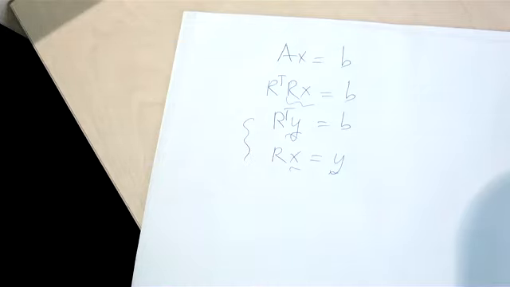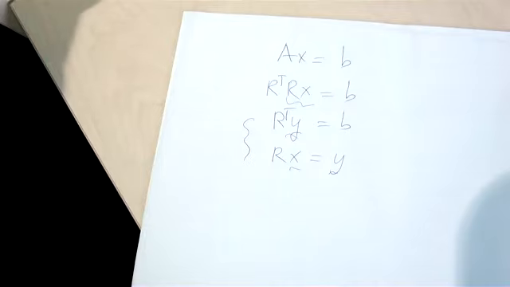Now, stability. In terms of the relative errors, if you use the Cholesky factorization, then the errors can be bounded by this inequality.